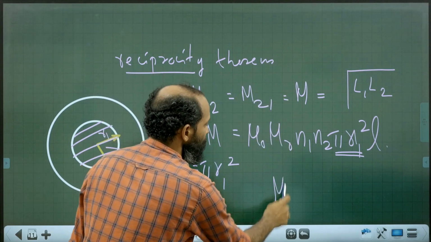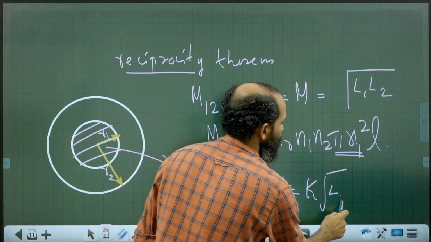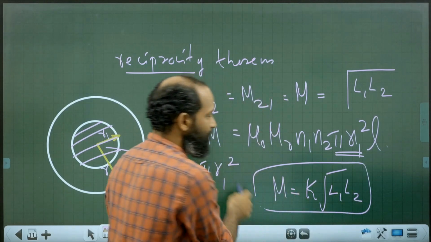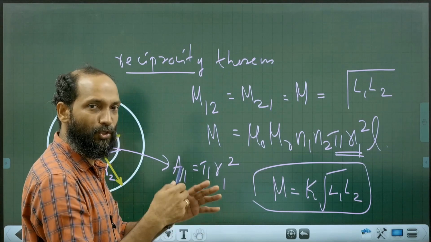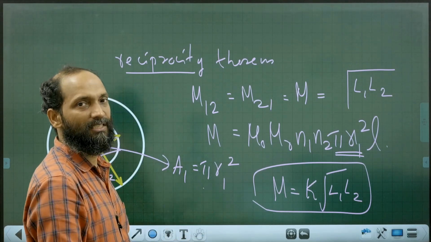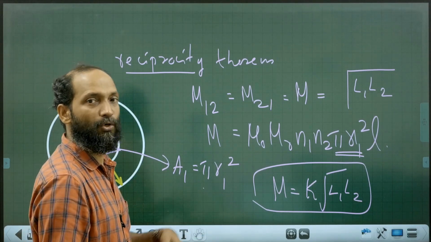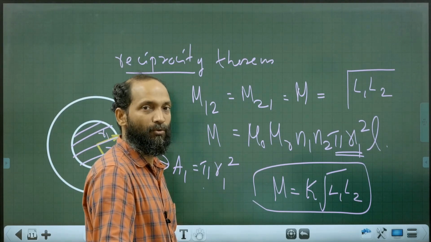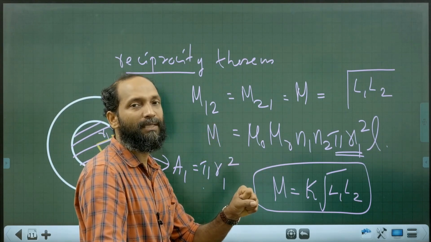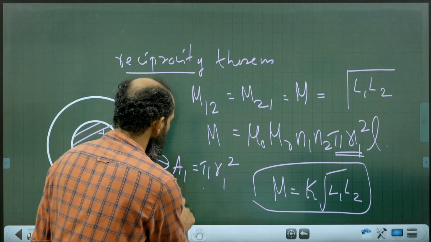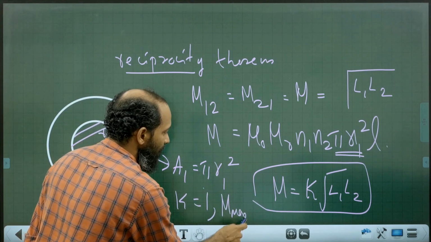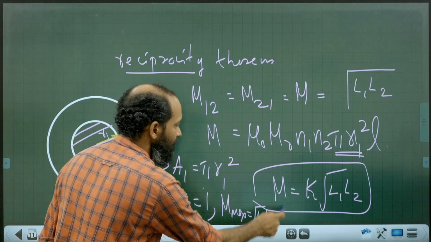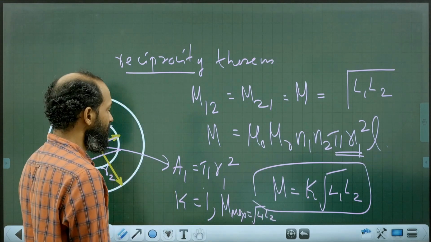The general formula for M is K root L1 L2, where K is the coupling coefficient. For no flux leakage, no energy lost due to flux leakage loss, or for tight coupling between primary and secondary, you can choose K to be 1. Then mutual inductance has its maximum value, equal to root L1 L2.